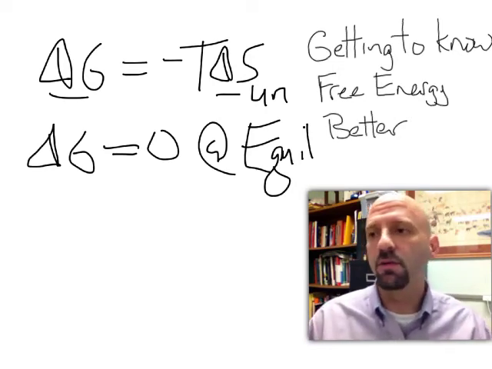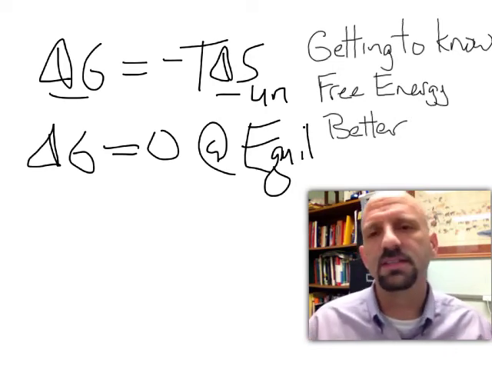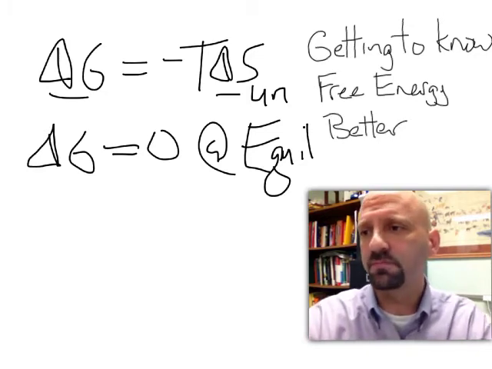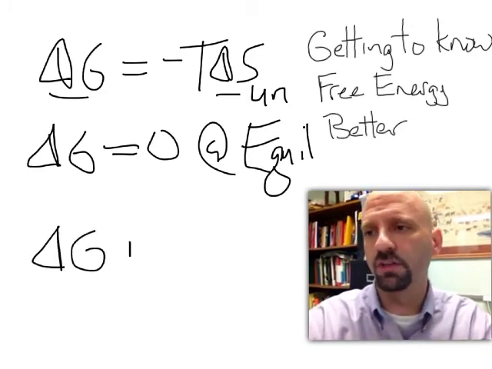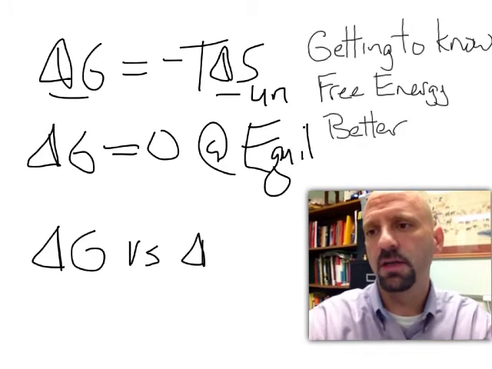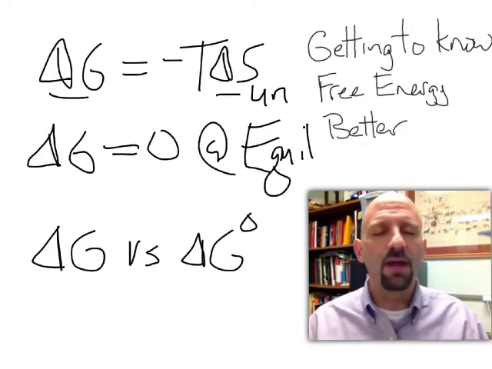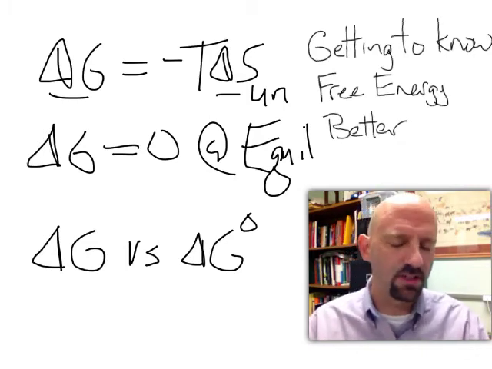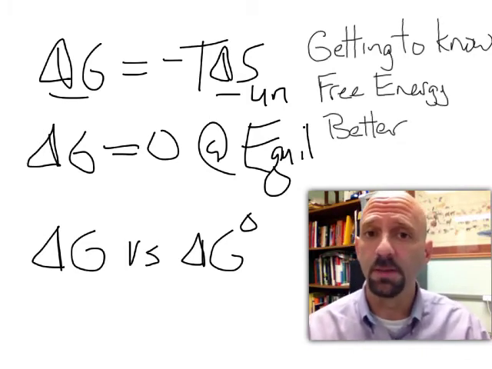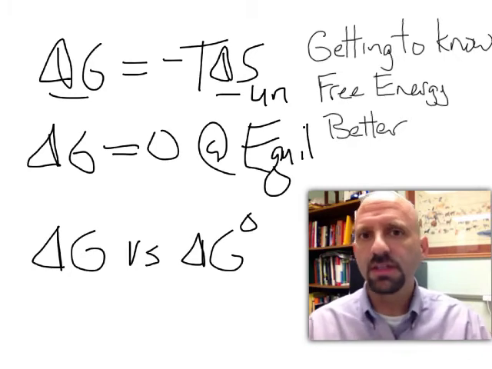Now, another idea we've been sort of hinting at when it comes to free energy is the difference between delta G and delta G with a little superscript 0 on it. Now, we haven't gone into too much detail as to what the difference between these two concepts might be, but I'll introduce it here.